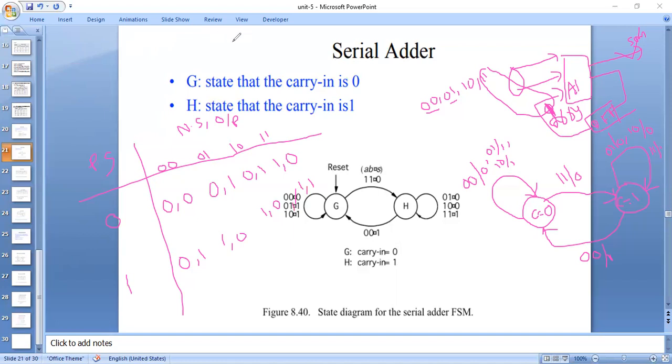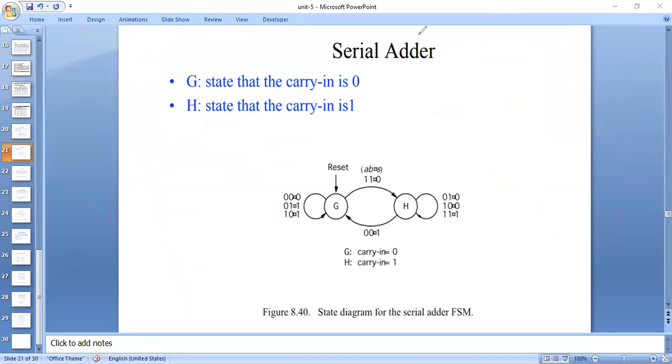So like that you have to draw. See here how we can draw; I'm drawing it directly from the state diagram. After that you have to get the expressions, and from those expressions you can draw the serial adder using a D flip-flop.